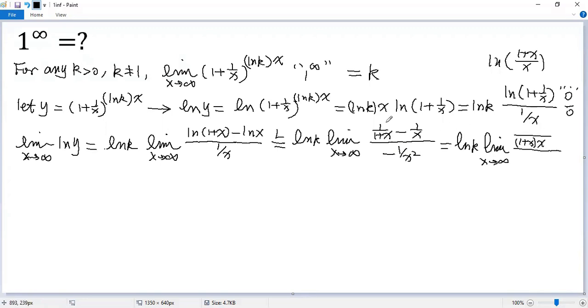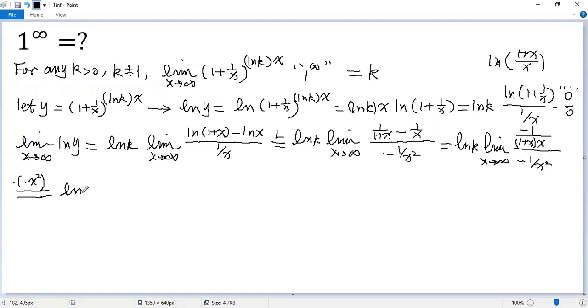The top is x minus (1 plus x), so it will be negative 1. The bottom, negative 1 over x squared. And then top and bottom multiply by negative x squared, so we can just cancel the bottom, right?